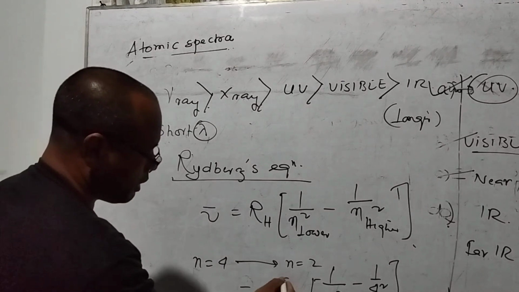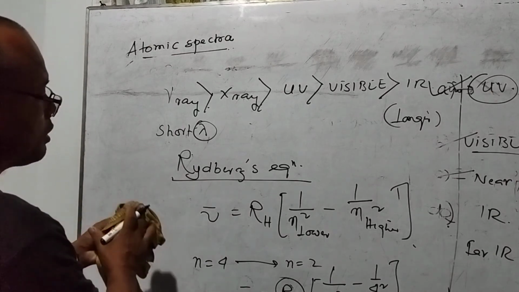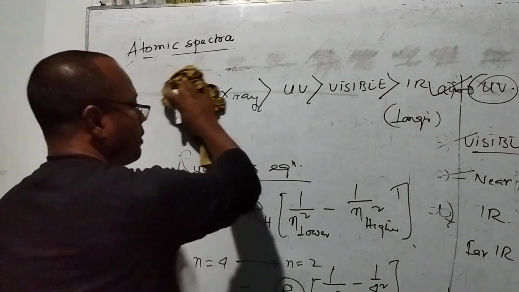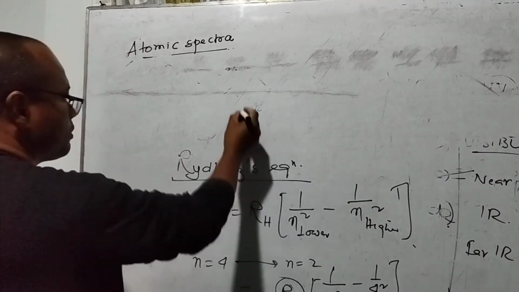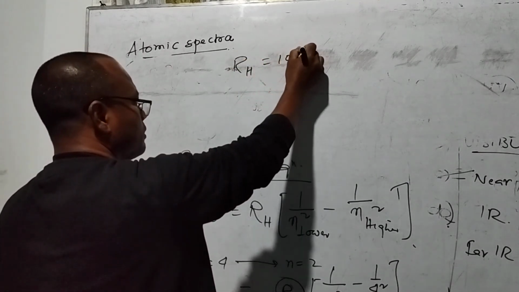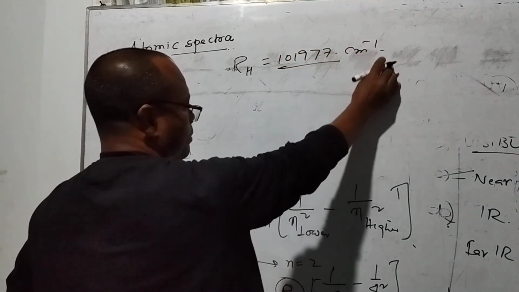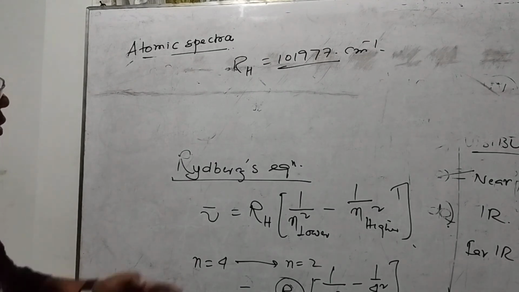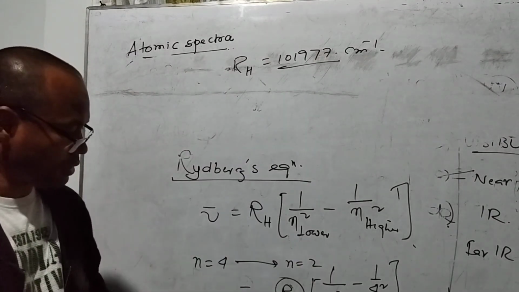This R value is what we call a constant, the Rydberg constant. This constant value will be given to you. I think approximately R is equal to 1.09677 times 10 to the power 7, per meter, something like that. By putting this value, we can calculate the wave number.